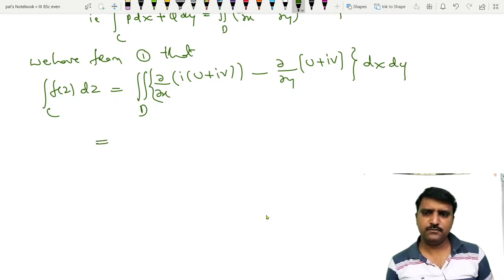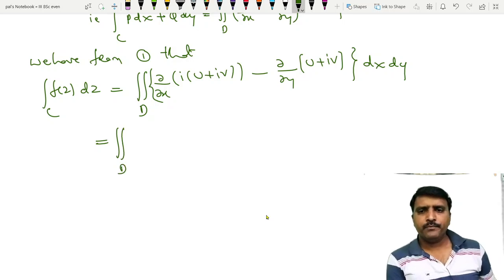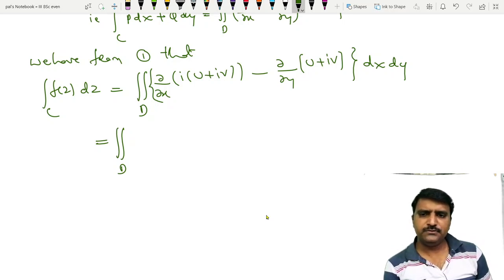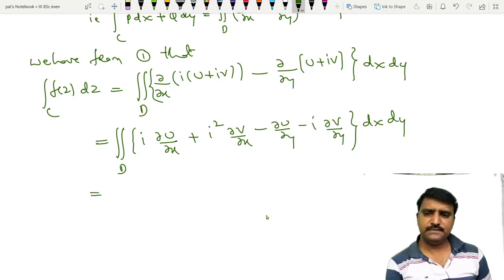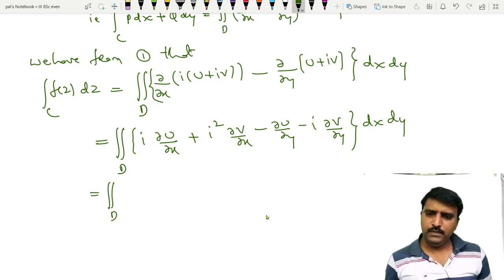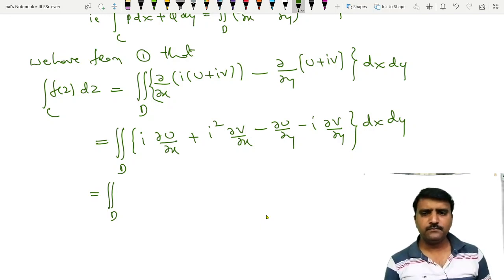Which is equal to the double integration over D of i into del u by del x plus i into i, which is i square, into del v by del x, minus del u by del y, plus minus i into del v by del y, into dx dy. Here you write the real terms.